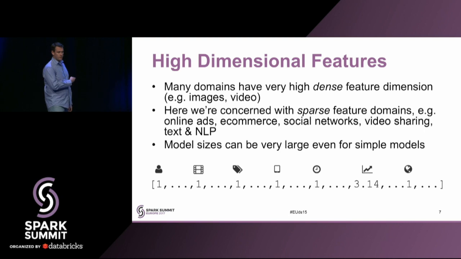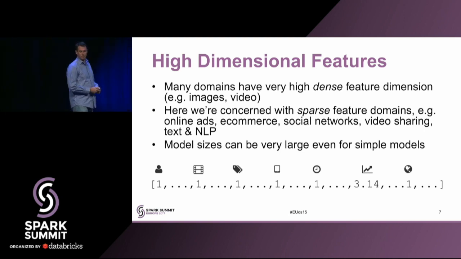The number of distinct users that we can have can be hundreds of millions, if not billions. So the model sizes, even if we're training simple linear regression, logistic regression, can be extremely large. And likewise, if we want to scale up to more complex models like factorization machines, or perhaps even a deep learning neural network, those model sizes can explode very rapidly.